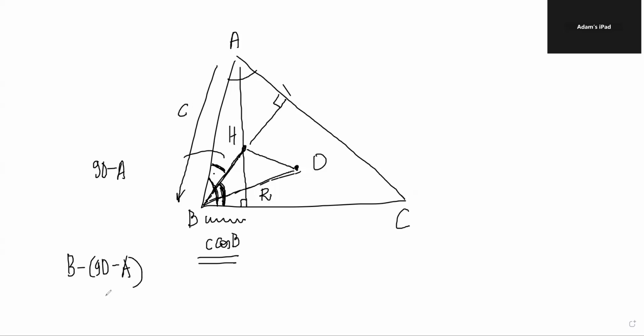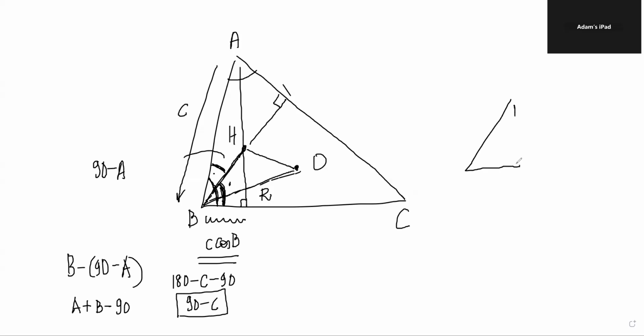So that is A plus B minus 90. So that is 180 minus C minus 90, right? So this angle is 90 minus C, no? So I have a small triangle like this where this angle is 90 minus C.